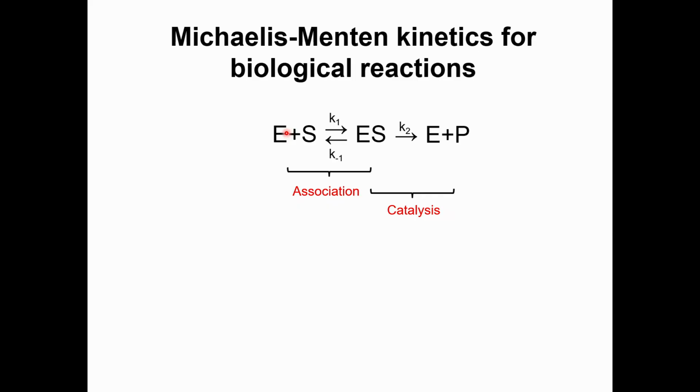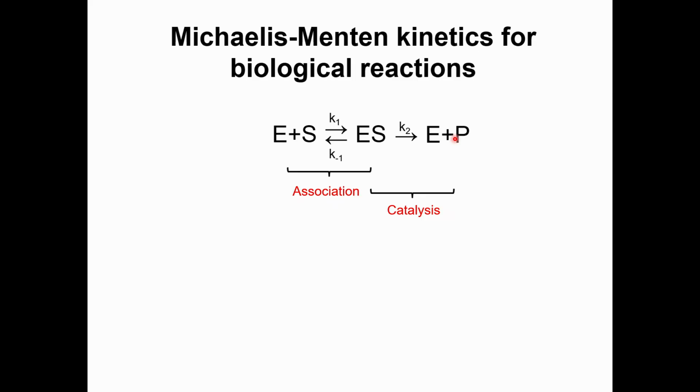The first thing that has to happen is the enzyme and the substrate have to associate with one another. So the first step is association. And then once the enzyme and the substrate are together, then catalysis has to happen, and you go from a substrate to a product.